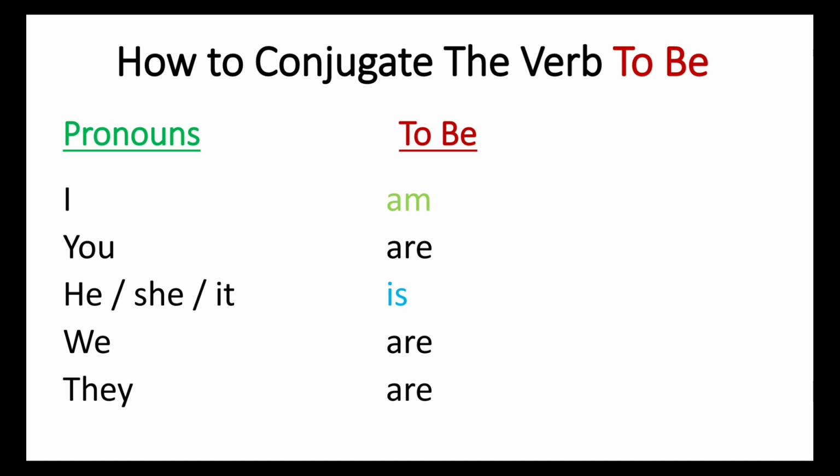So how do you conjugate the verb to be? Now you remember our pronouns, and this is the verb to be. Now, when you see to plus a verb, it means that verb is in what we call the infinitive form.